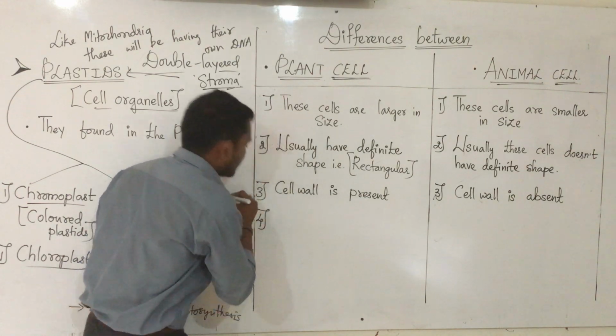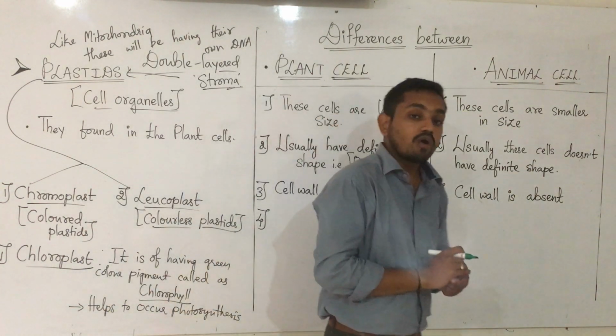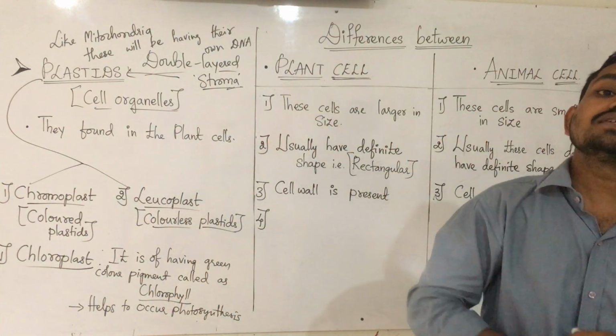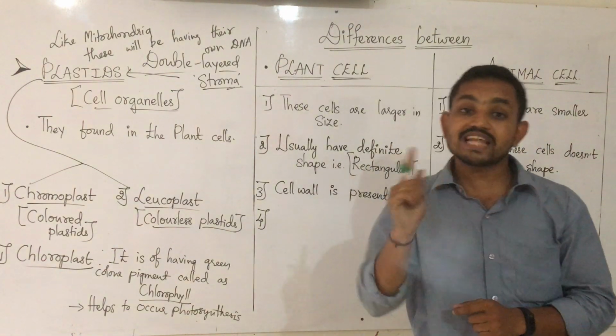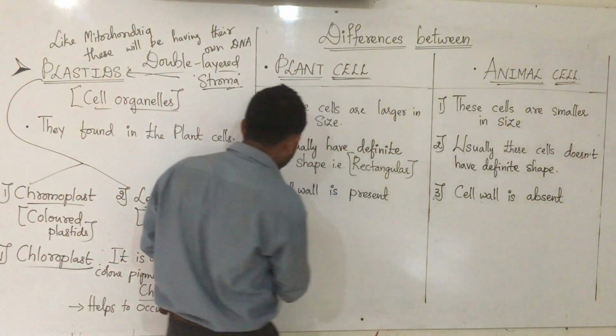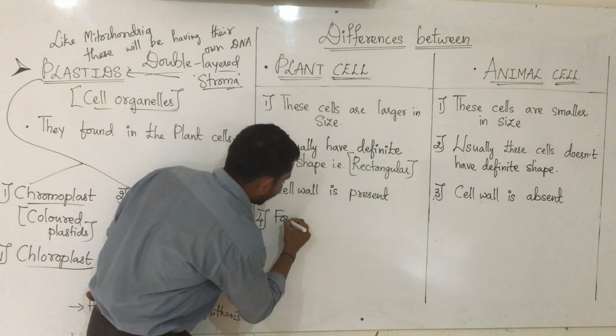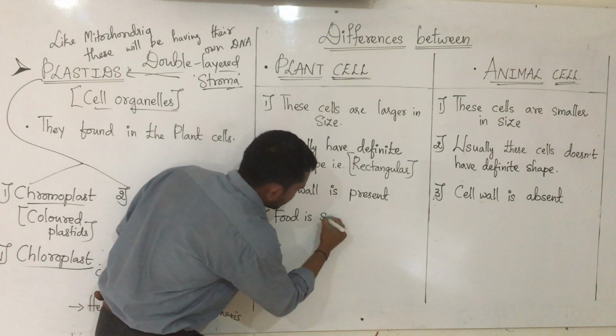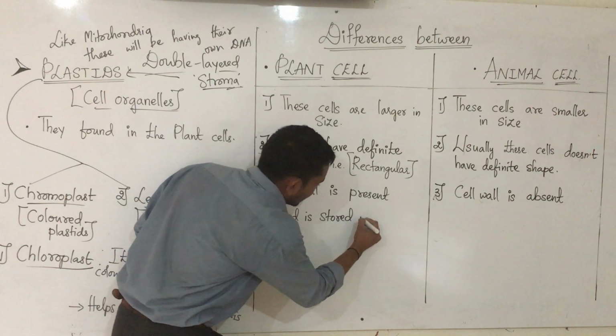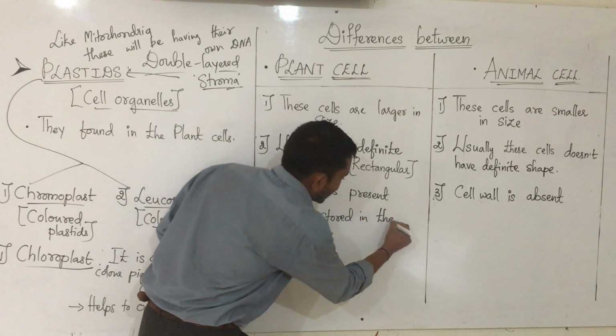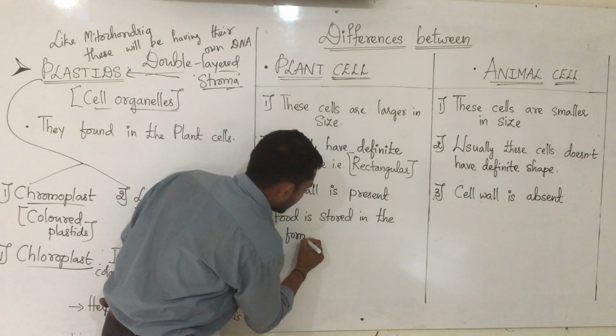So see here. The food that is formed is stored in the form of starch, particularly in the plant cell.